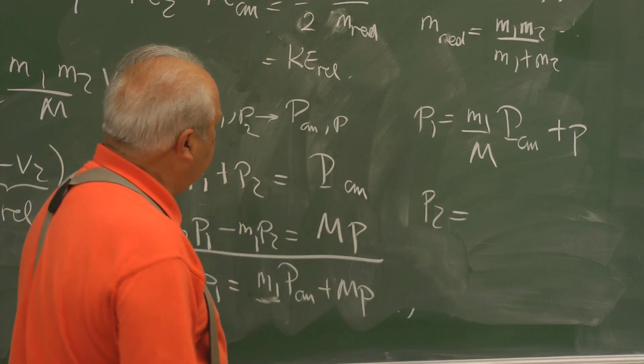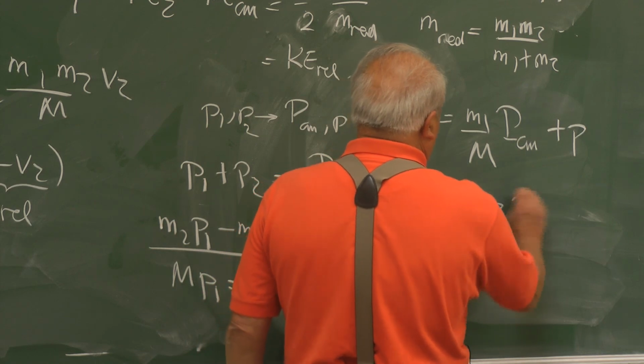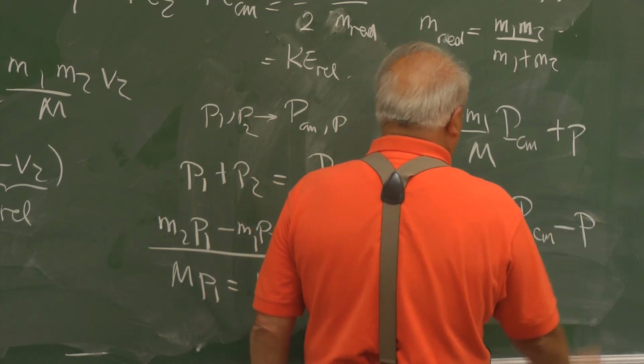So this picks up a minus sign. So this is M2 over M P central mass minus P.